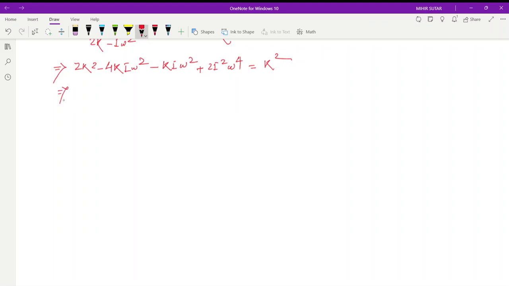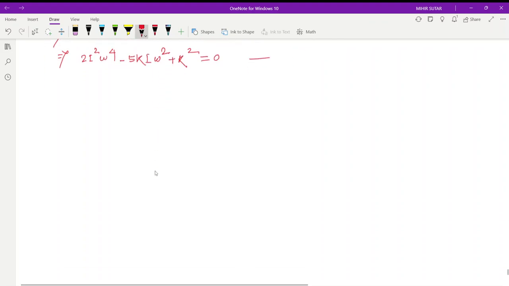So this will be 2I square omega to the power 4 minus 5kI omega square plus k square is equal to 0. Let's say this is equation 9.